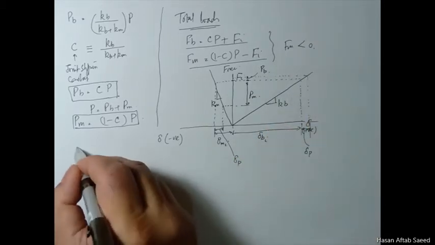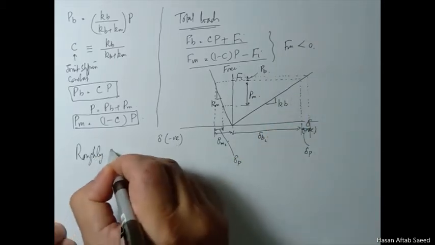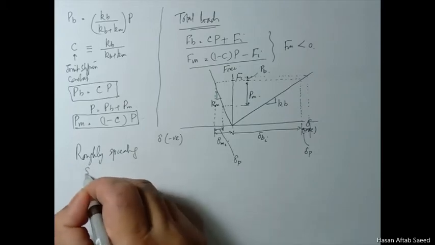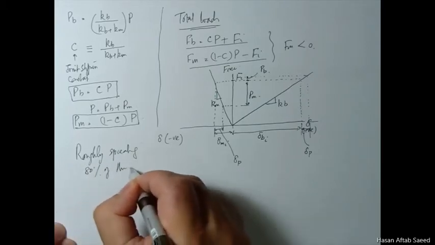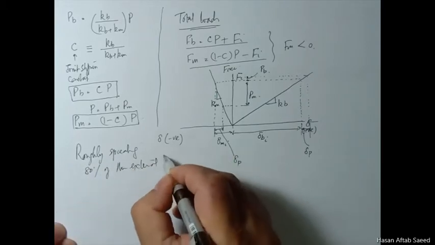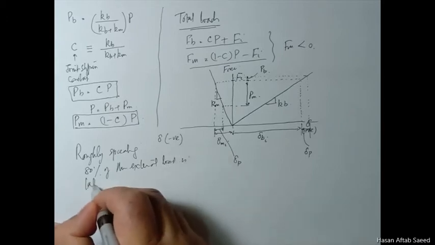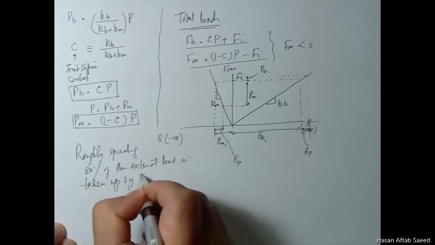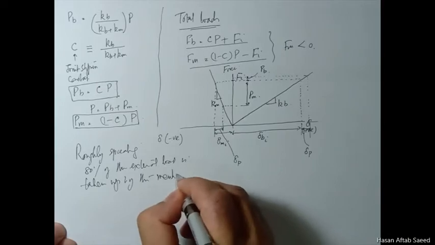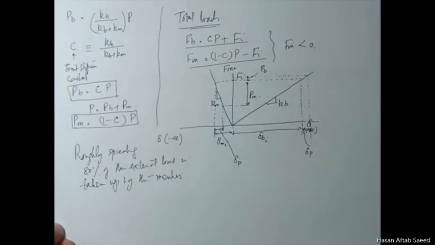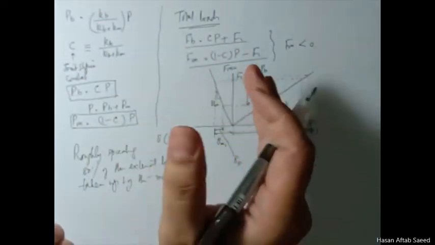And roughly speaking, 80% of the external load is taken up by the members, which means that only 20% goes to increase the tension in the bolt.